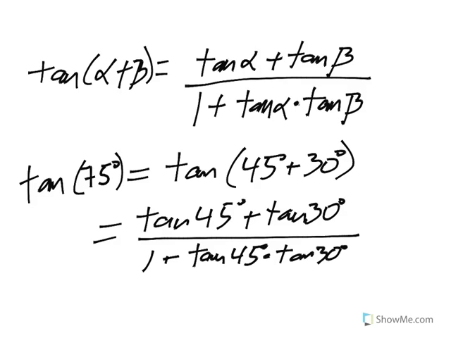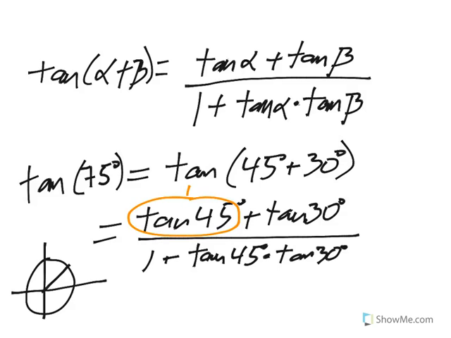And so, okay, what good is that for us? But all of these we know. Tangent of 45, that's the slope of the line that you go right in the middle, so that's 1. This whole guy is just 1, and it is over here as well. And tangent of 30 is the y-coordinate over the x-coordinate on this square root of 3 over 2 comma 1/2 ordered pair. So I'm sorry that's so small. Hopefully you're pretty good at special angles by this time.